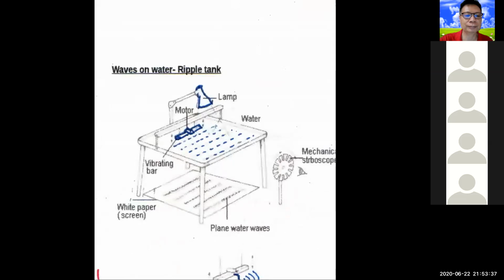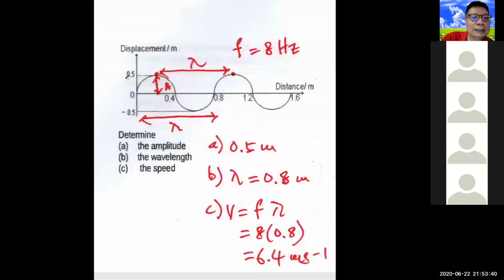Okay, so all the answers are here. This is a graph. The wave moves up and down, right? Amplitude, I take from here, so amplitude is 0.5. Wavelength: because the numbers are given here, you can take one wavelength, you can take so many, the distance of one complete oscillation.